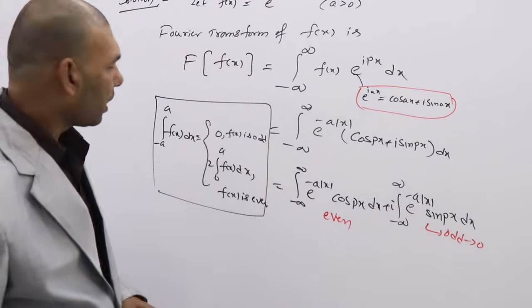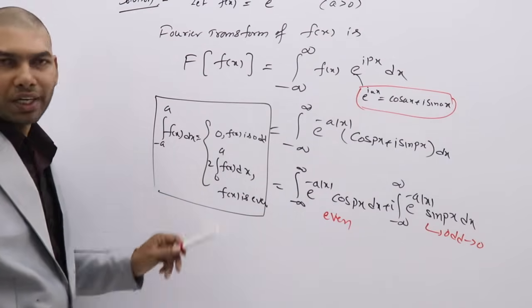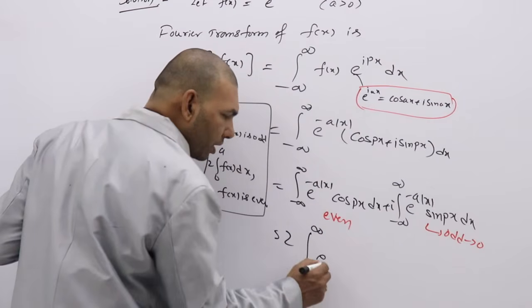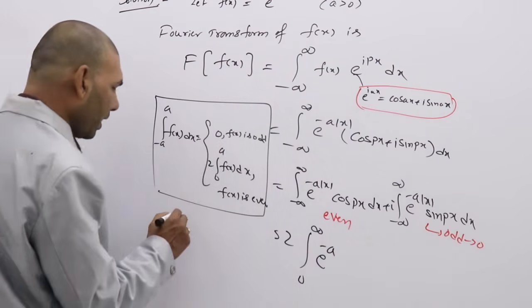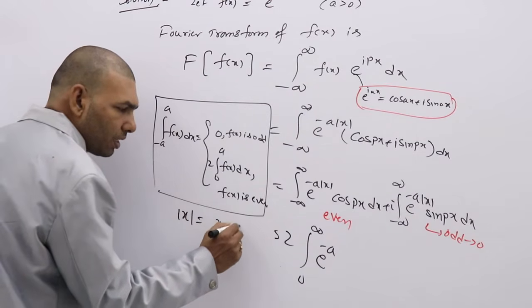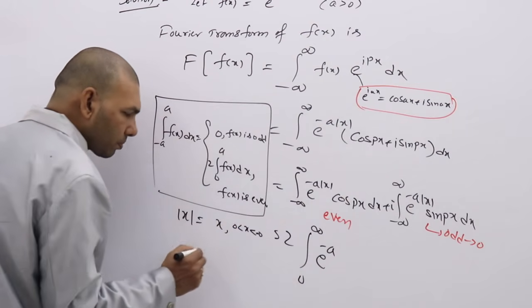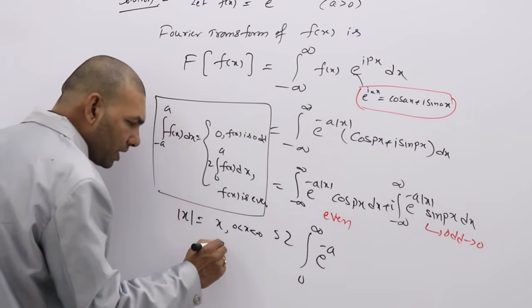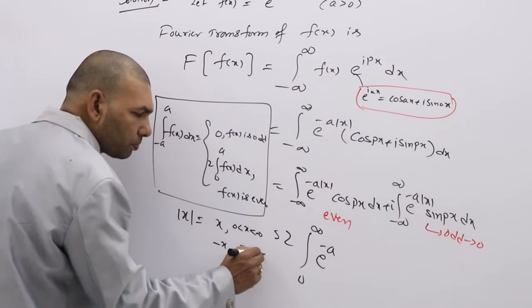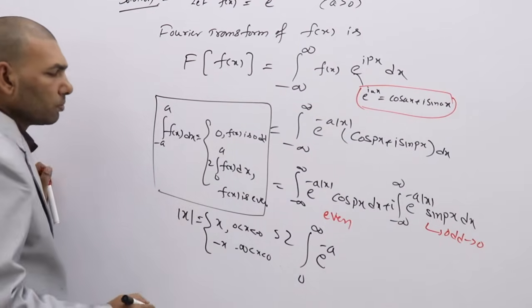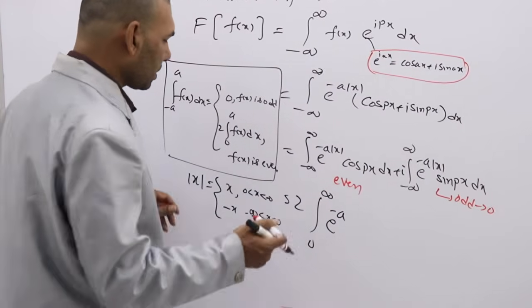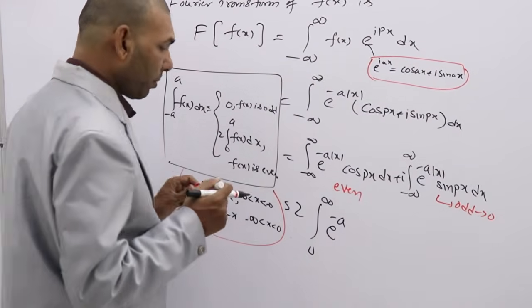Even, we will write this integral like this: 2 integral 0 to infinity e power minus a mod x cos px dx. We all know that mod x is plus x in 0 to infinity, and this value is minus x in minus infinity to 0. So here the interval is 0 to infinity, mod x becomes plus x.